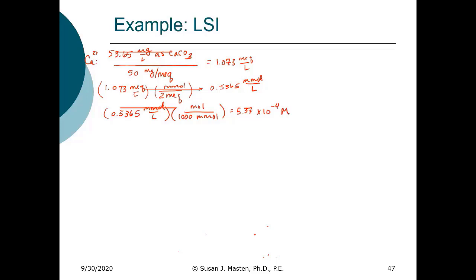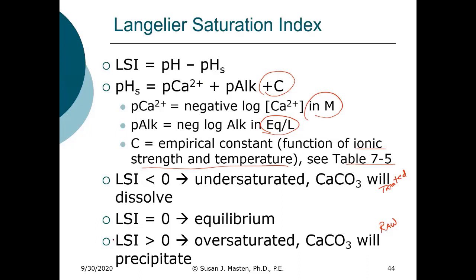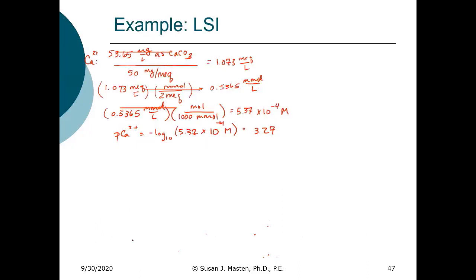What we need to calculate then is pCa, the negative log base 10 of our calcium concentration, and that is equal to 3.27. Okay? So we go back here, that is this value right here. Now, we're told that the pH is equal to 9.89.